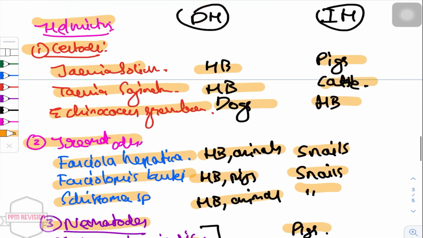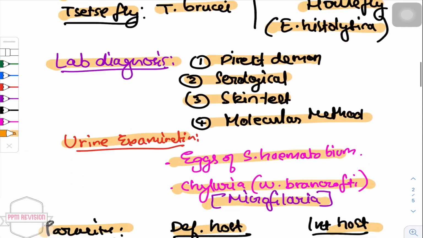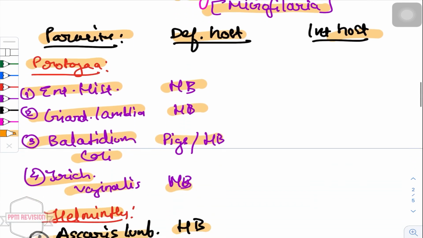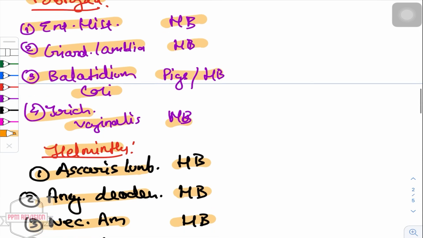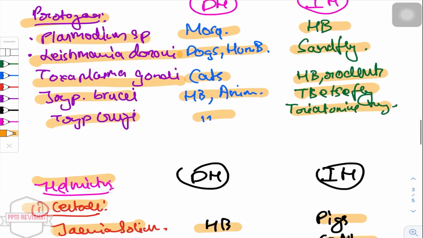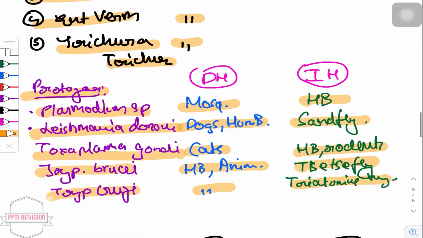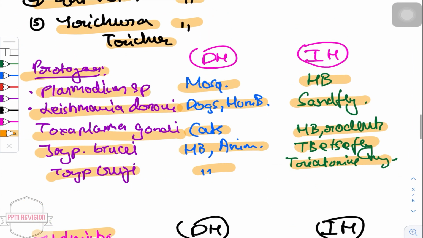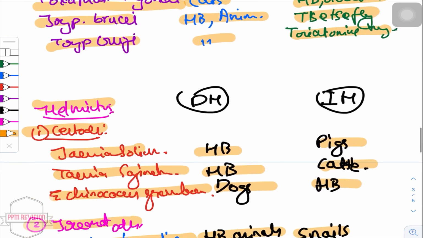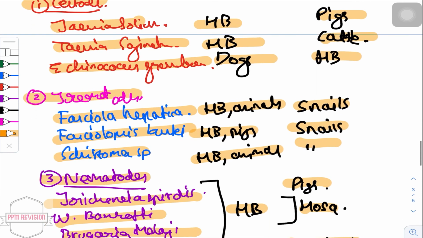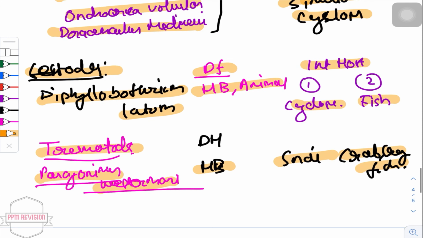So just to highlight what we discussed, we spoke about what is a vector, a few laboratory diagnoses, then we spoke about the parasites and definitive host, and under that we spoke about protozoa and the helminths, under that cestodes, trematodes, nematodes, and we also spoke about 3 hosts.